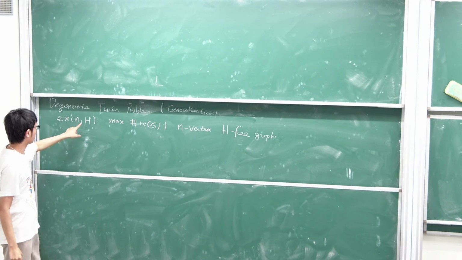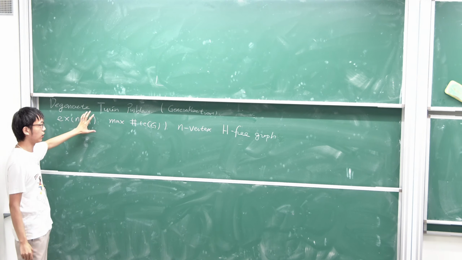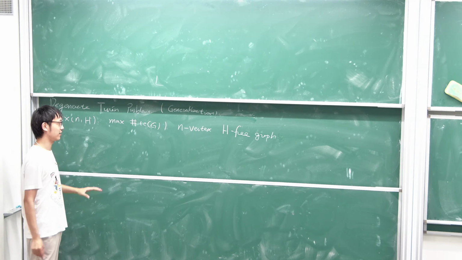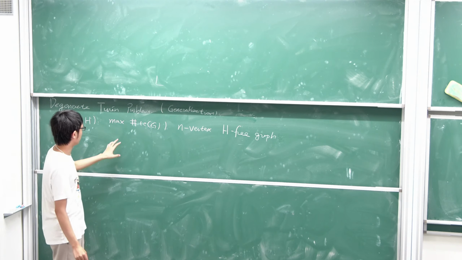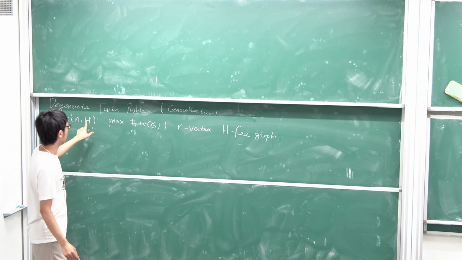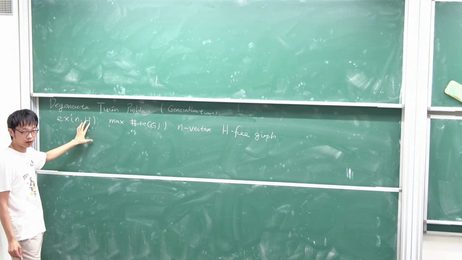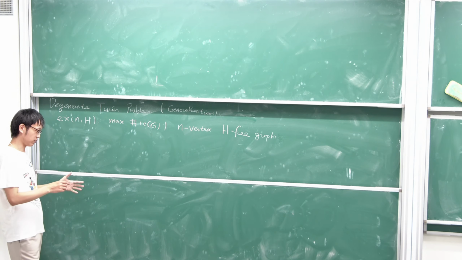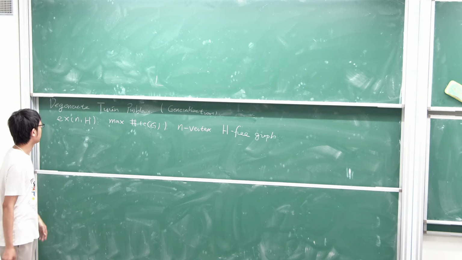Sometimes the objects can be graphs or hypergraphs or some geometric objects, and sometimes the forbidden patterns can be a single graph, a family of graphs, or some patterns you want.